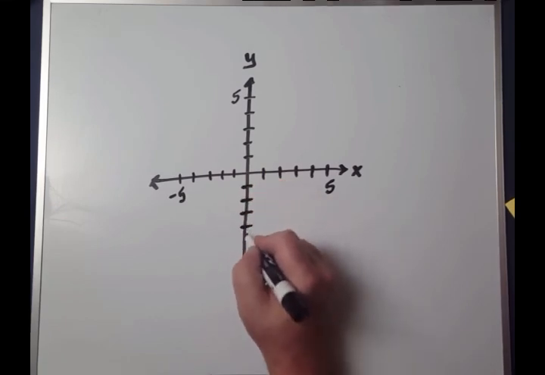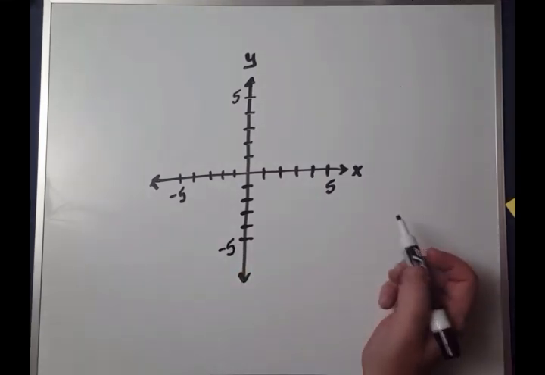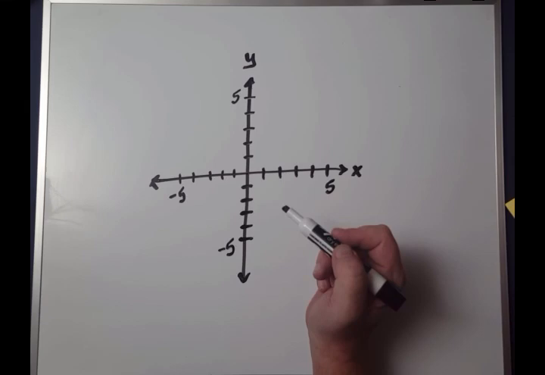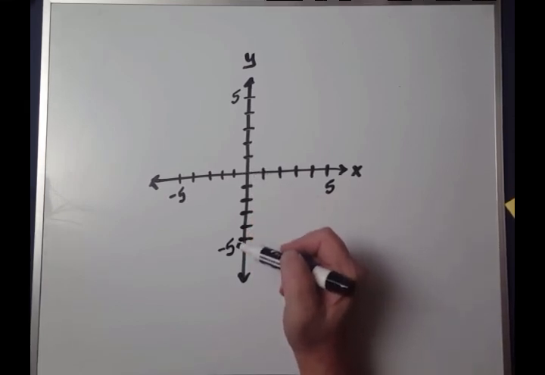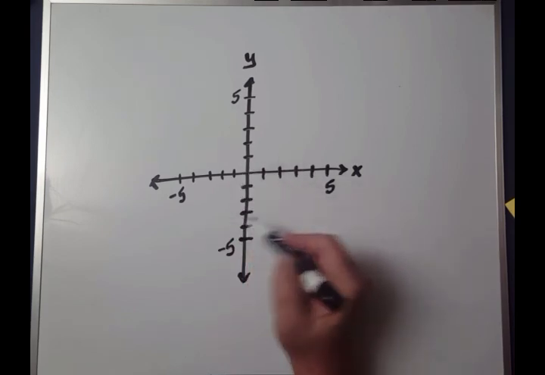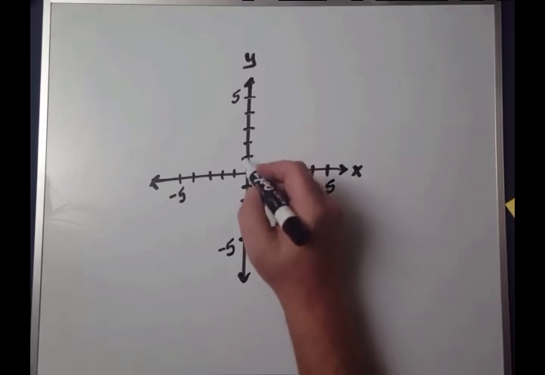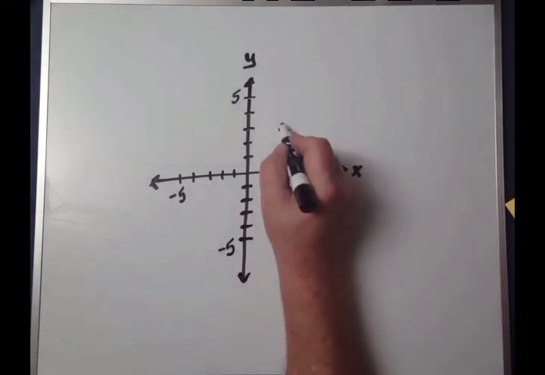What we have here are two number lines that are put together where they are both 0. They are put together at right angles to each other. And this allows me to graphically represent ordered pairs. For example, the ordered pair 2, 3. That means x is 2, so I go over 2 in the x direction, and y is 3.